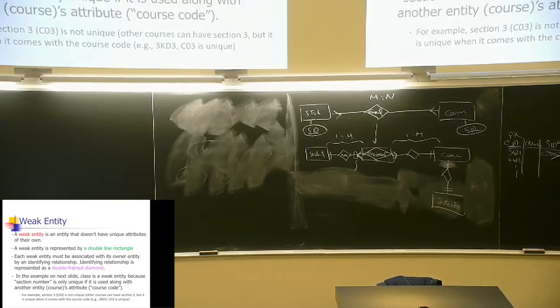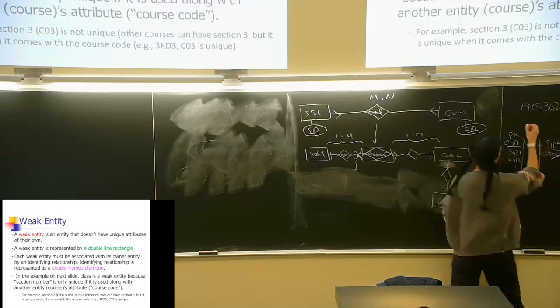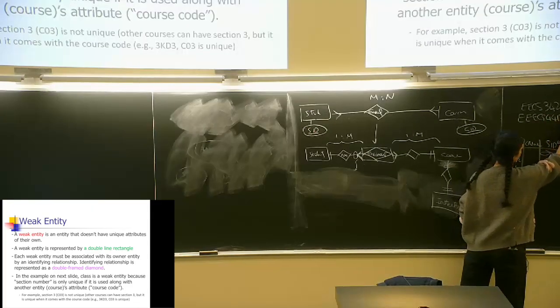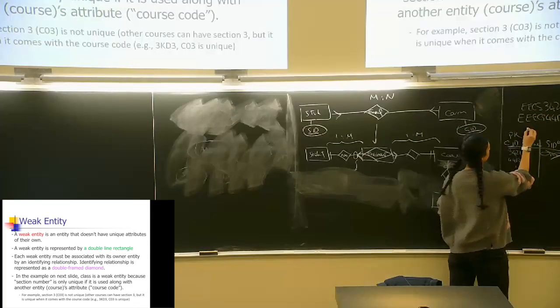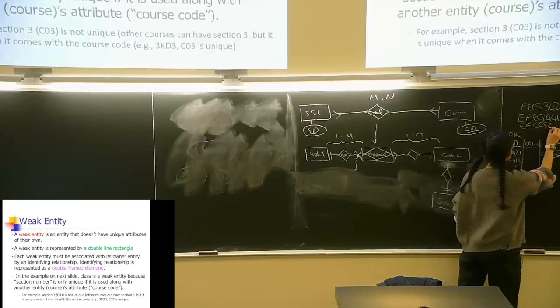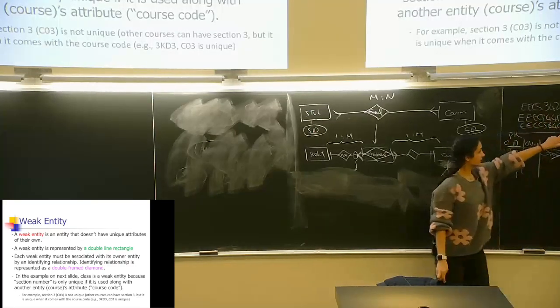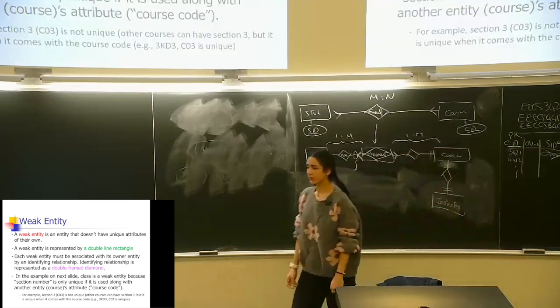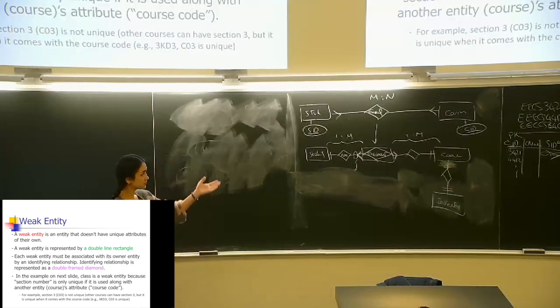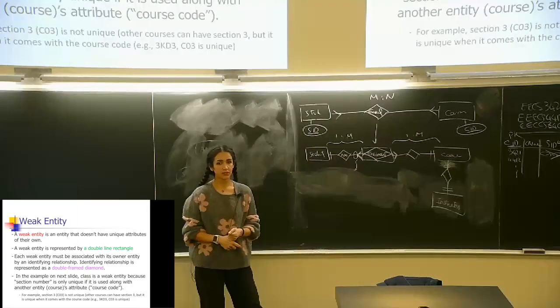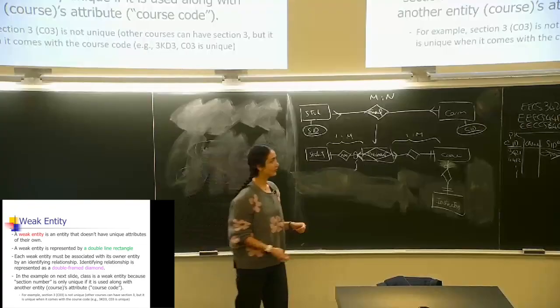Section M only makes sense if it is like ECS 3421 section M, or ECS 4412 section M, or ECS 3401 section M. So different courses can have these sections, and one common way to represent course section is showing it as a weak entity.